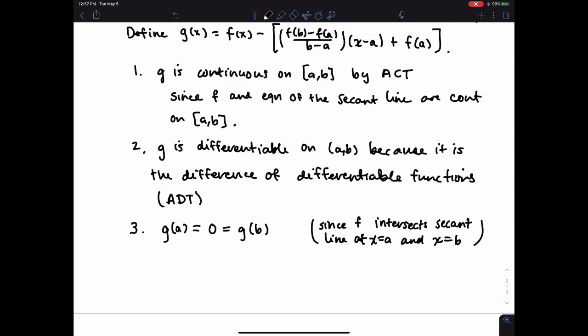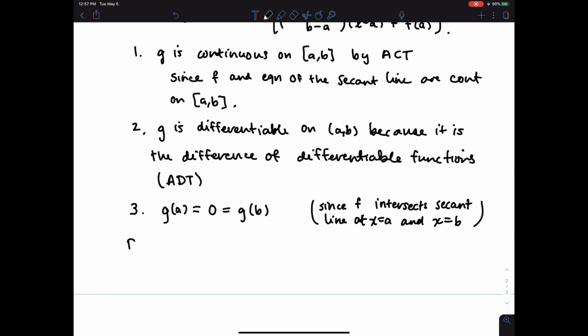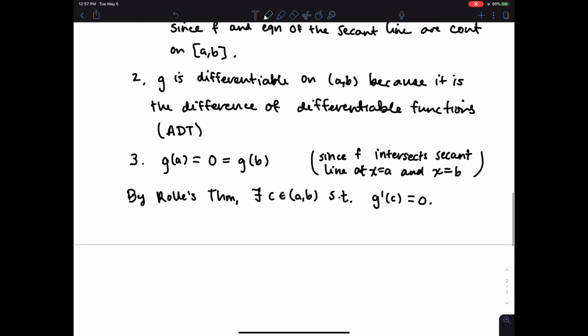So now we've shown that the conditions of Rolle's theorem are met, which means we can say by Rolle's theorem, there exists a C in (A,B) such that G prime of C is 0. But remember how we chose G prime.